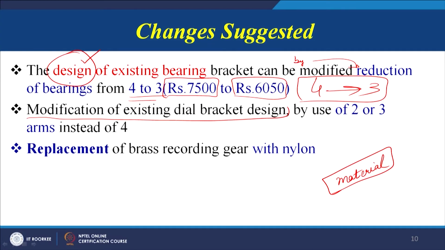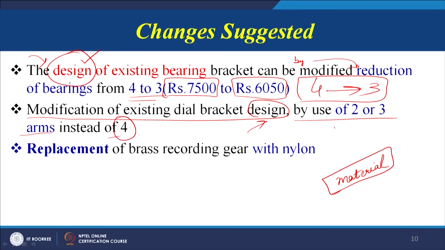Then the modification of the existing dial bracket design, again there is a change in the design by use of 2 or 3 arms instead of 4. So, we can change the existing dial bracket. What do we want to change? The design. How? By changing the arms from 4. Currently we have 4 arms in the dial bracket.